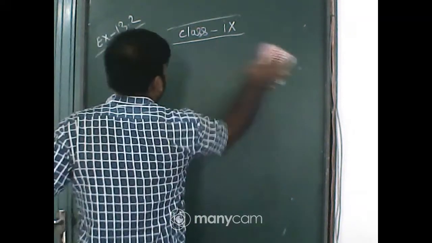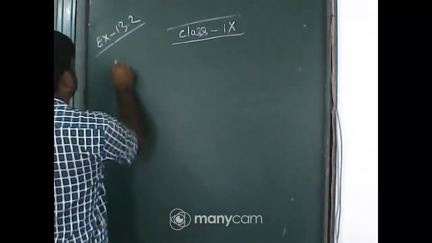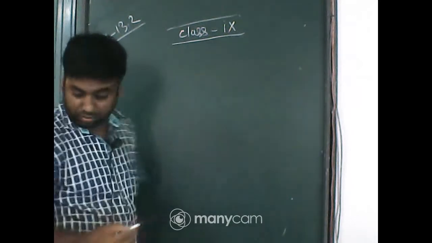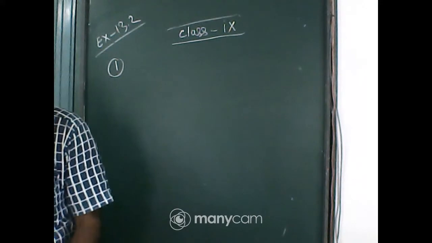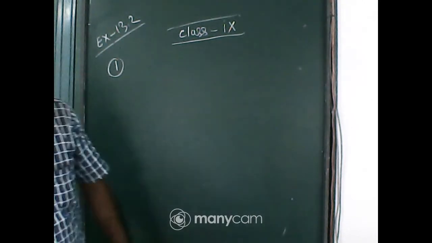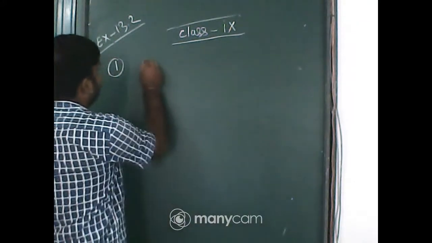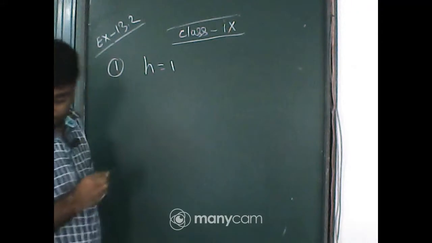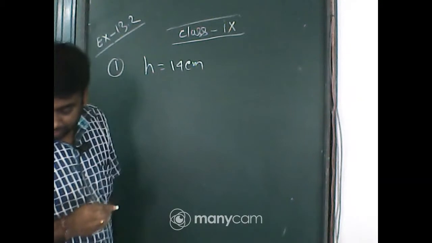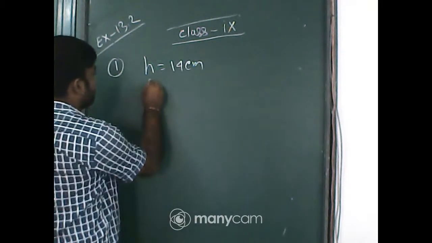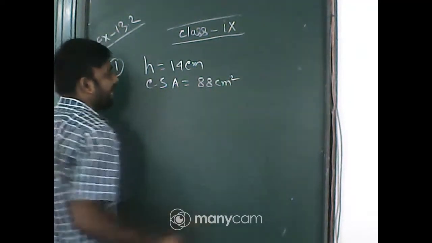Next, question number 1. The curved surface area of a right circular cylinder of height 14 centimeter is 88 centimeter square.